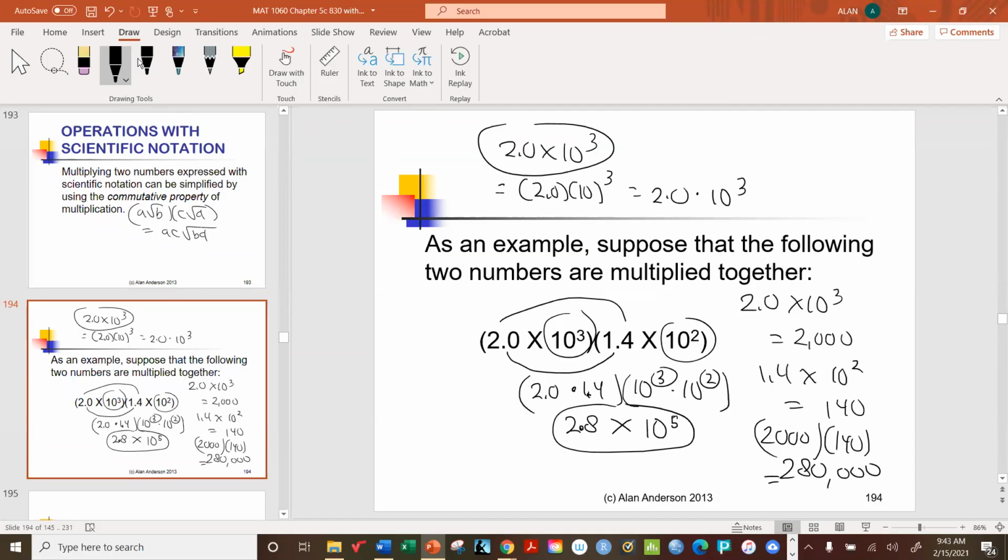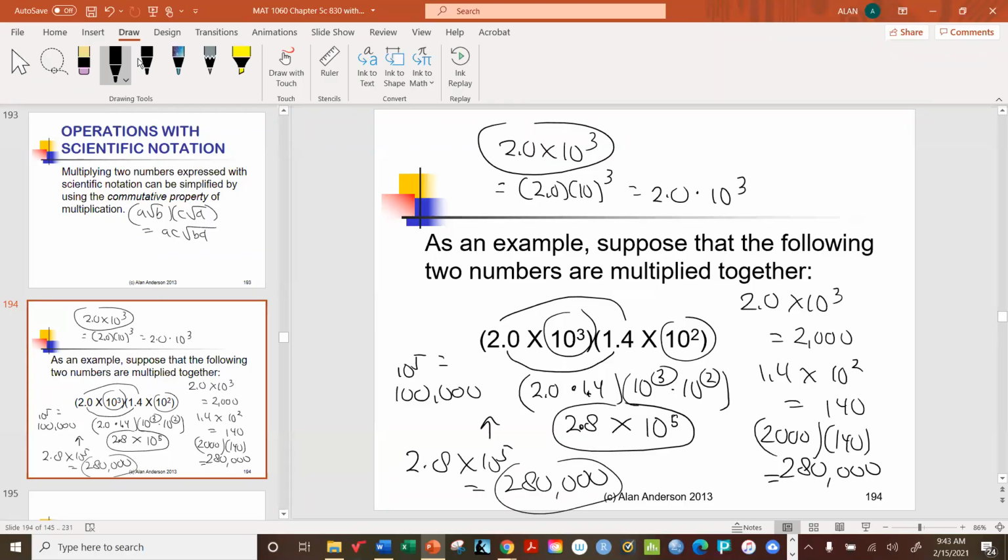And of course, that's what this is, 280,000. Remember, 10 to the fifth is 100,000. 2.8 times 10 to the fifth is also 280,000, because 10 to the fifth is 100,000. So when you multiply 2.8 times 100,000, you get 280,000. So that means we must have done this correctly.